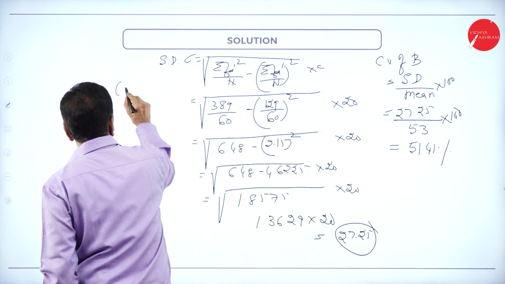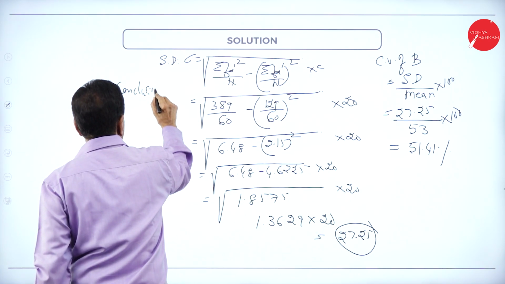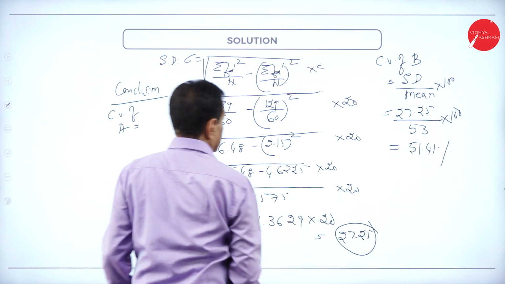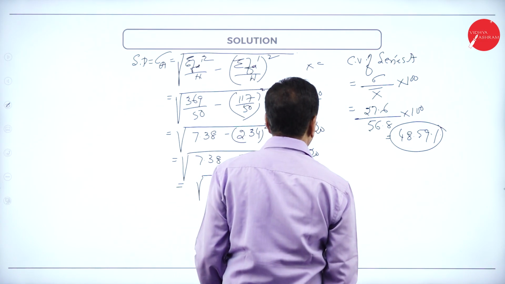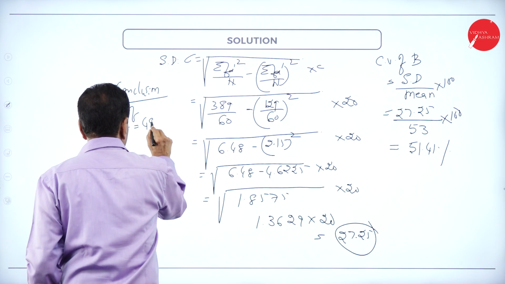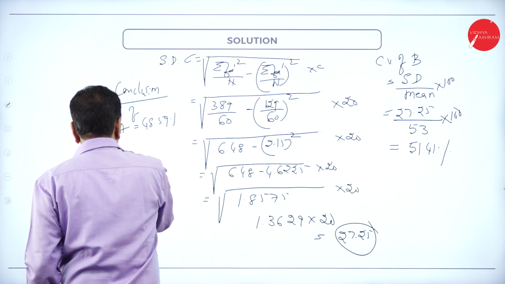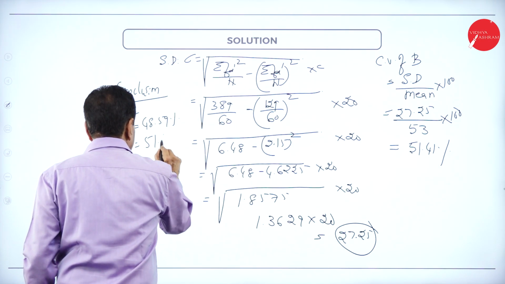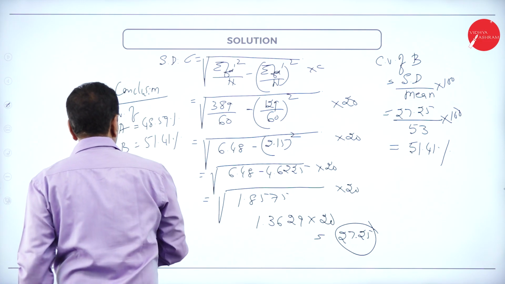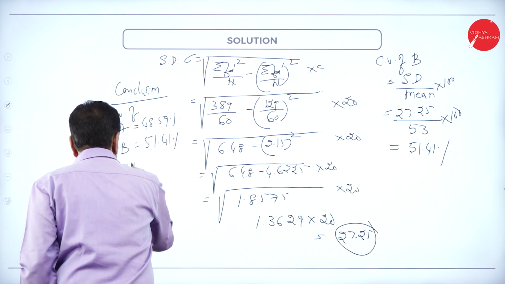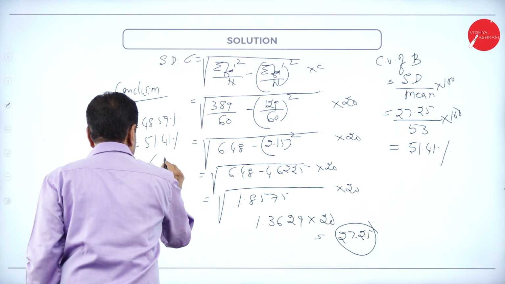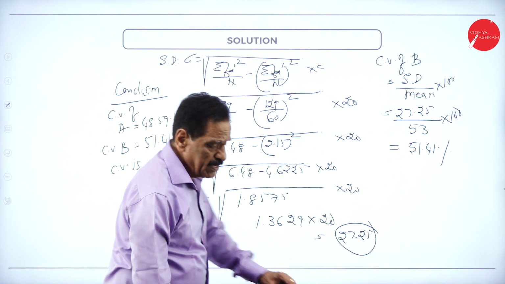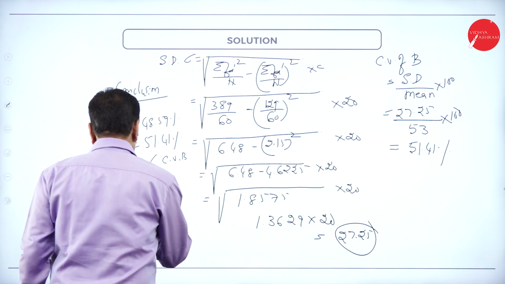Conclusion. CV of A is 48.59, CV of B is 51.41 percent. So CV of A is less than CV of B. Therefore, A is more consistent.